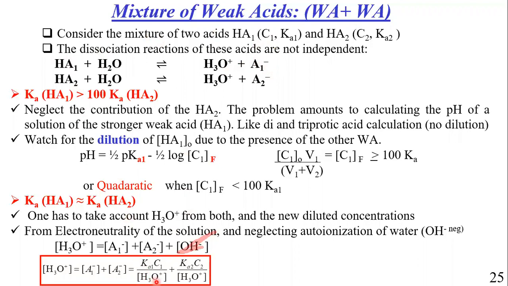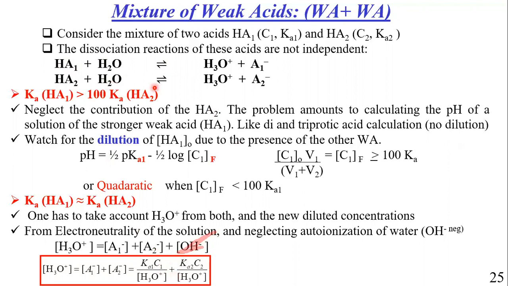If I consider that the amount dissociated, x, is negligible, in other words, that the reaction just doesn't proceed greatly, that means that the concentration of HA1 in solution at equilibrium is simply equal to its initial concentration in the solution, which is actually the diluted form.